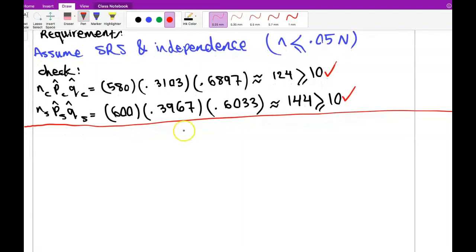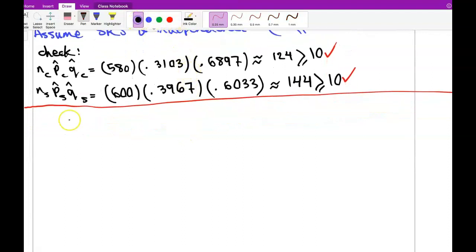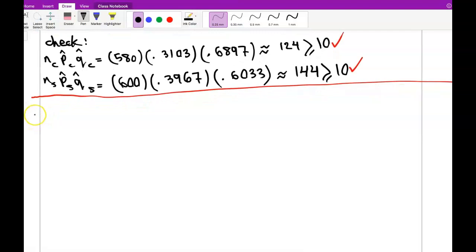Okay, after that, now testing it. So starting with step 1, we have null and alternative. The null is the first population proportion equal to the second, and the alternative is that these two are not equal. Why do I have this?